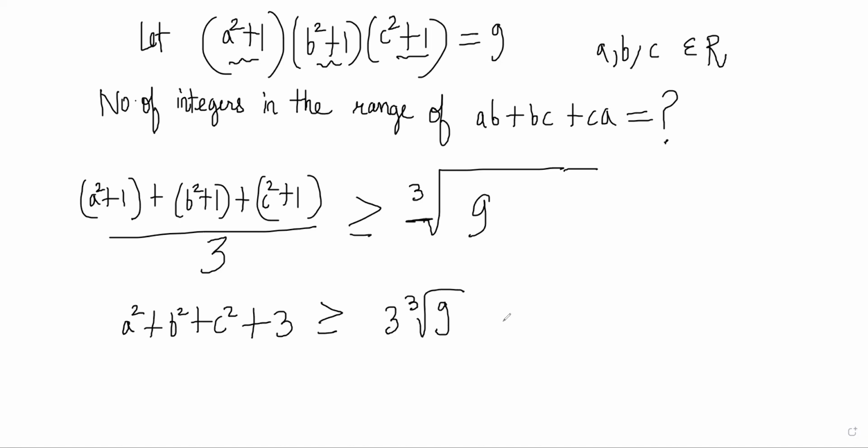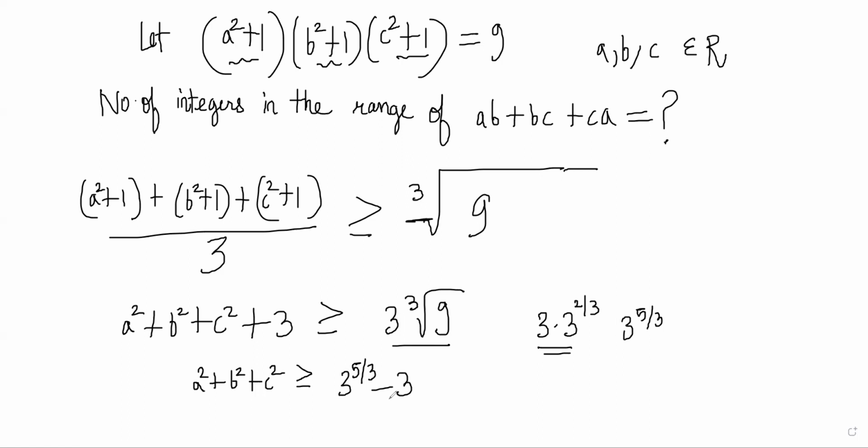So a square plus b square plus c square is greater than or equal to 3 into 3 power 2 by 3, so 3 power 5 by 3 minus 3. We have to find the range of this.